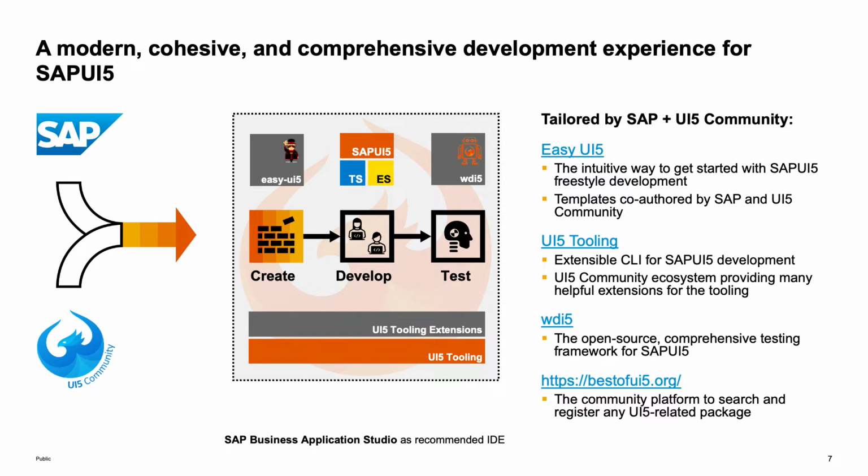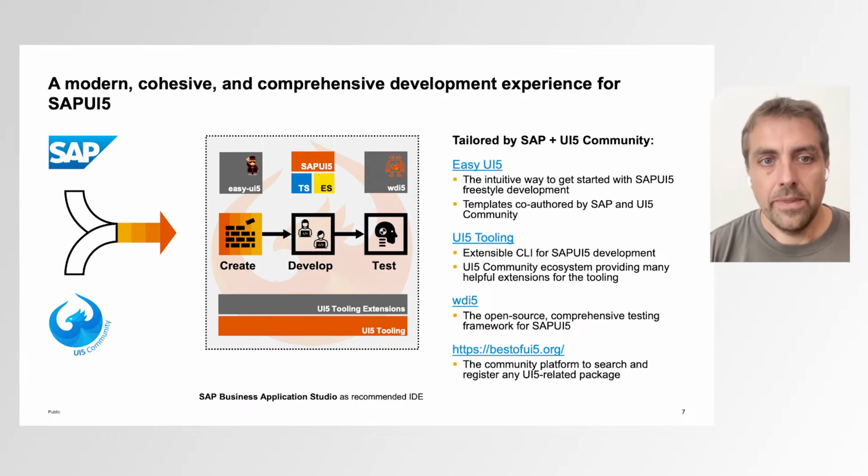Looking at the different phases of the development lifecycle, starting with the creation phase, Easy UI5 is the tool of choice to intuitively get started with SAP UI5 freestyle development. Here, the community and SAP are working together to create templates and finally to co-author them and to provide you the best practices from both worlds.